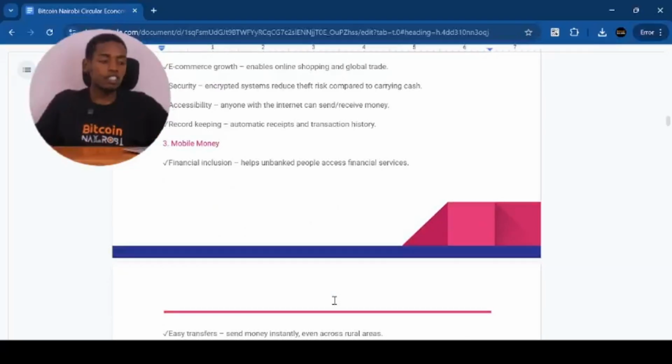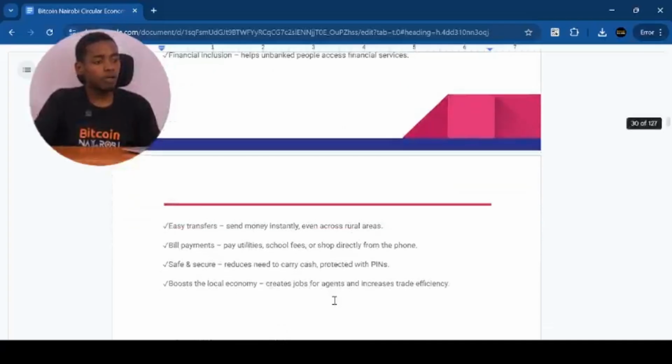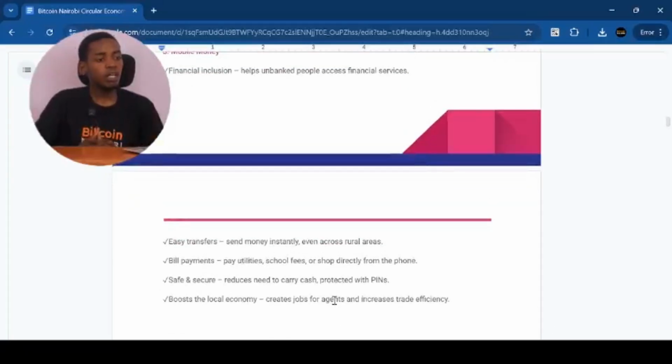So what are the advantages of mobile money? For mobile money, there is financial inclusion, where people who are unbanked, let's say people in poverty-prone areas or slums, can now be included in banking.